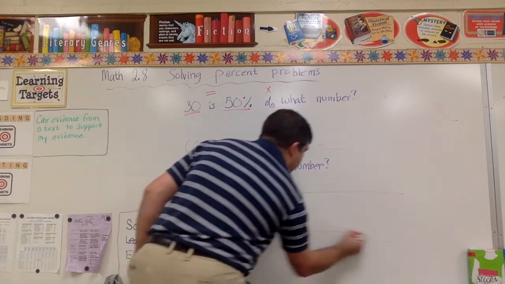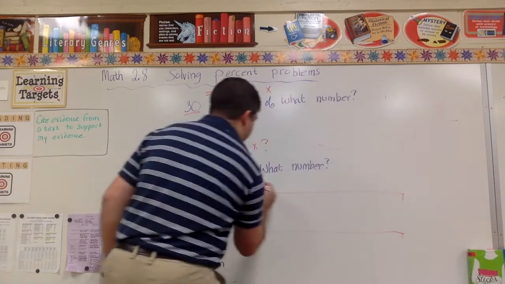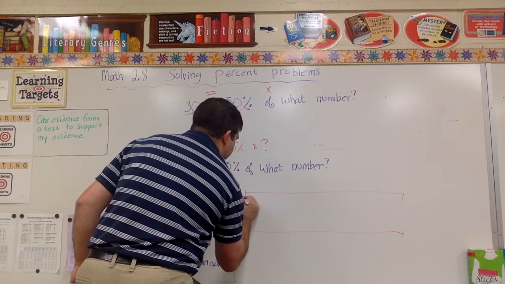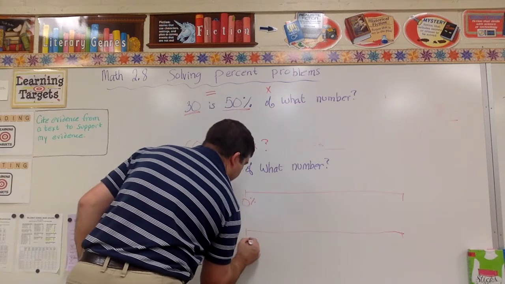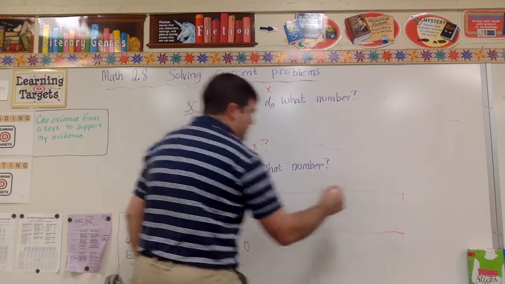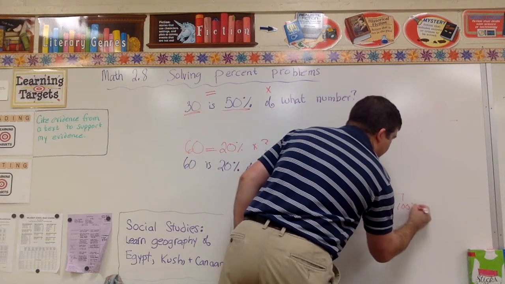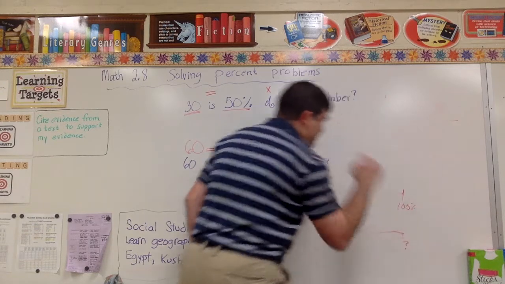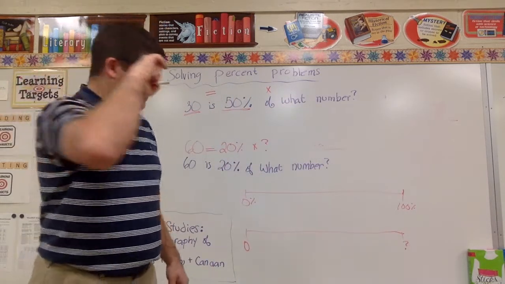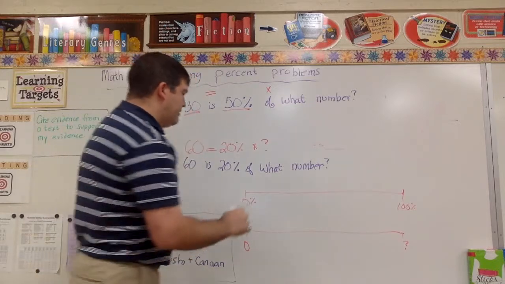Do a nice number line here. This is my 0%. This is my 0 number. This is my 100%. This is what I want. So 20%.